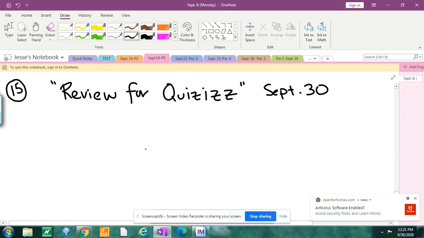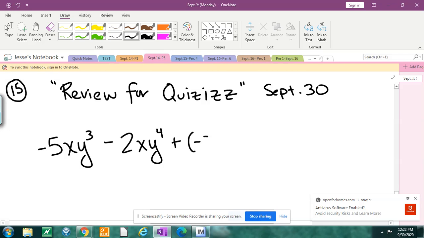So what kind of problems are we going to have? I'm going to do a couple. You're going to have something like this: negative 5xy to the third minus 2xy to the fourth plus negative 5, minus 3xy to the power of 3 minus 7.